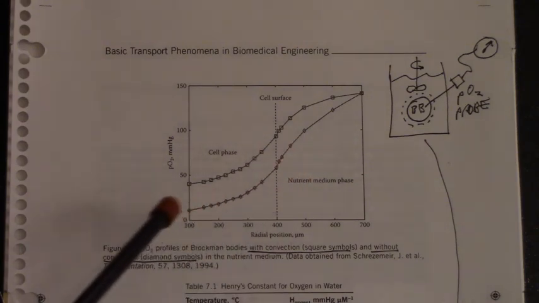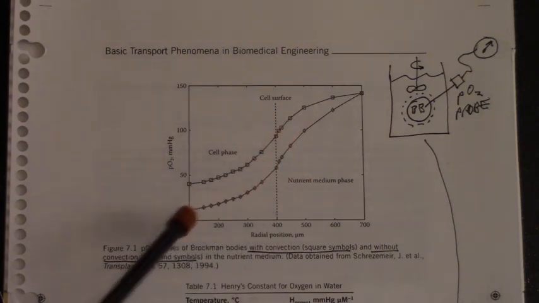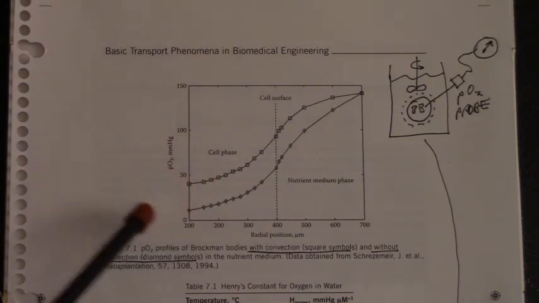And it also shows that, for the most part, you're out of oxygen not too far into the Brockman body. So what that means is that in order to have complex animals like us, we need a circulation system to deliver oxygen efficiently and quickly throughout the whole body. And that's the role that hemoglobin has.